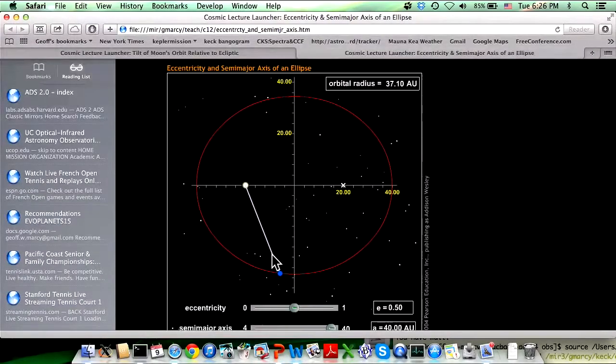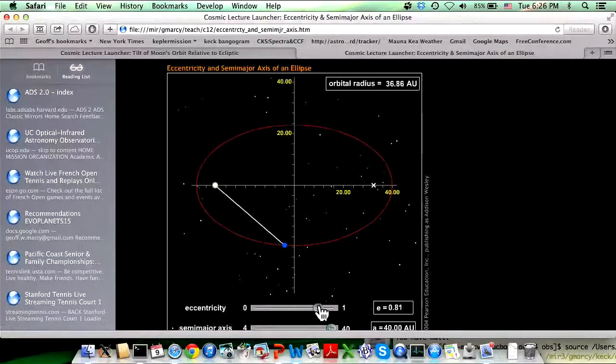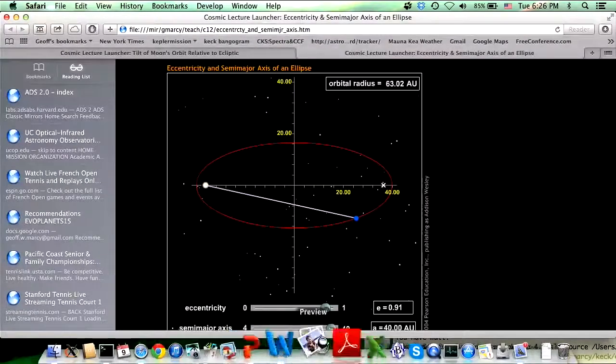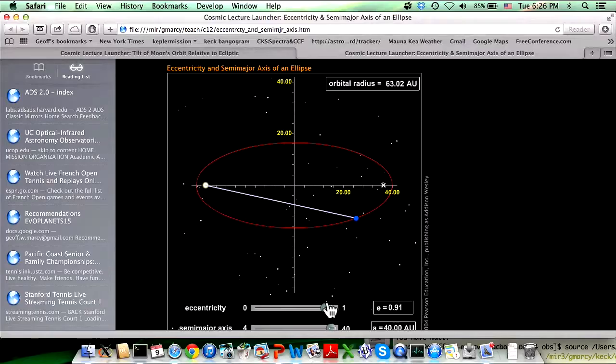But planets do move in ellipses, and let me change the eccentricity of the ellipse. There's a more eccentric ellipse, in which case the planet goes like this. Like that. And here's an ellipse that's less eccentric.